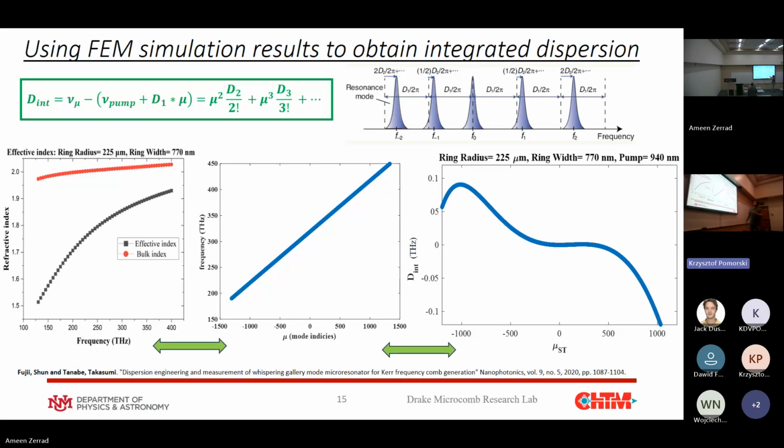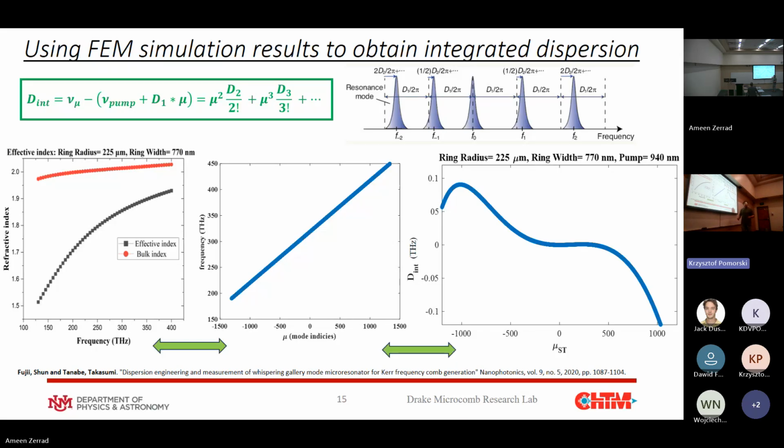But anyways, what is integrated dispersion? We're following the literature here, and expressing it as a function of the modal resonant frequencies of the microresonator. Mu here represents the longitudinal modal index. D1 represents the FSR, the free spectral range of the microresonator, which sets an equidistant grid of modal frequencies.